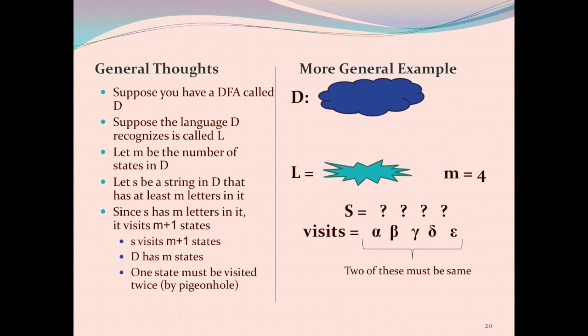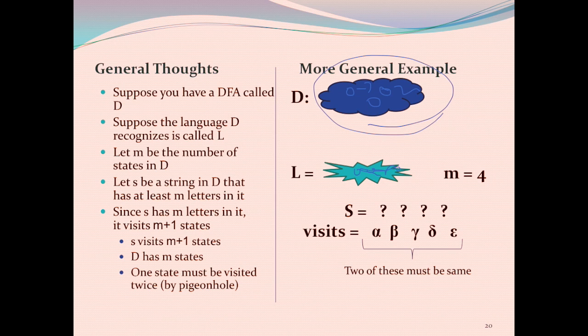Let's break apart this general example a little bit more. Suppose I have some DFA, but I didn't draw it. I put this cloud in front of it. There's actually some circles and arrows in here, but you can't see them because they're covered up by this cloud. And the language that's accepted by this DFA is some set, but I'm going to put the language in here.